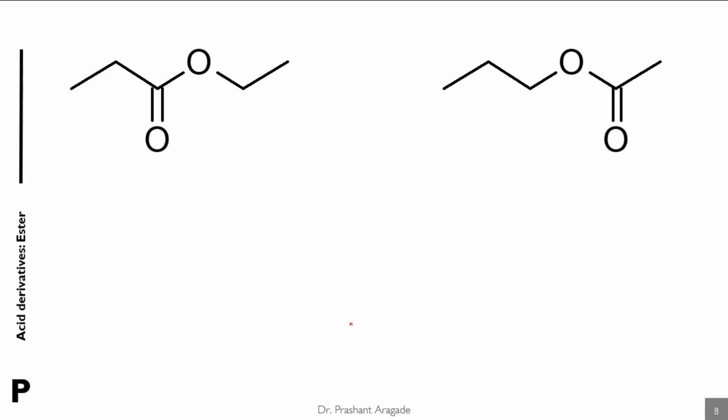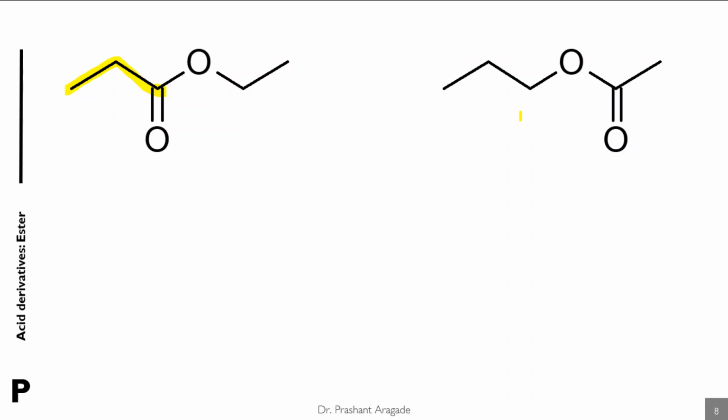So there is another set of examples in which most of the time students make mistakes while selecting the longest chain. In the first example, this is the longest chain containing 1, 2 and 3 carbon atoms.